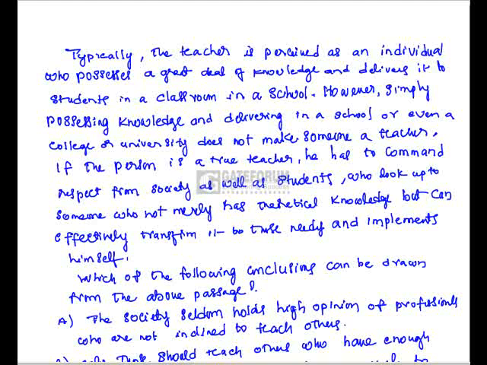If the person is a true teacher, he has to command respect from society as well as students who look up to someone who not merely has theoretical knowledge but can effectively transfer it to those in need and implement it himself. So the passage has given a lot of information about how a teacher has to be. Which of the following conclusions can be drawn from the above passage?